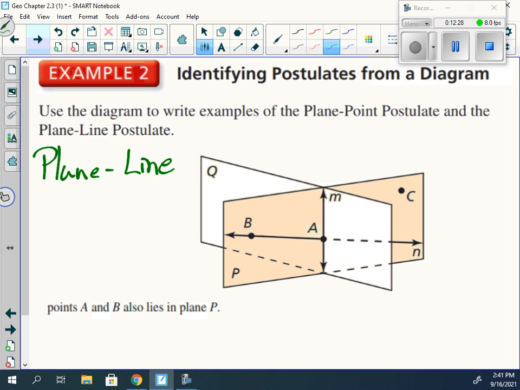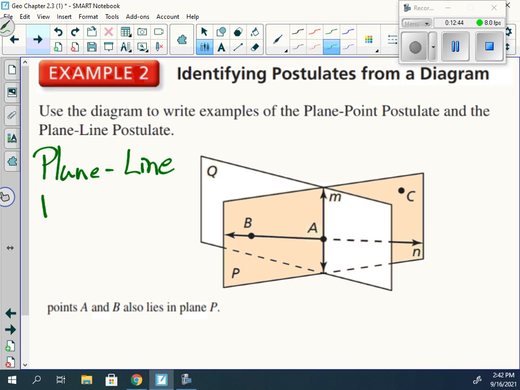So which plane contains 2 points and a line through them? Well, line M is in both, yes? Are there 2 points that go through line M that are labeled here? No. A and B would be, yes?